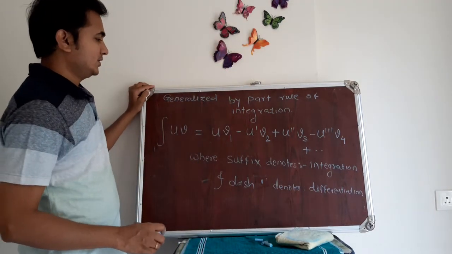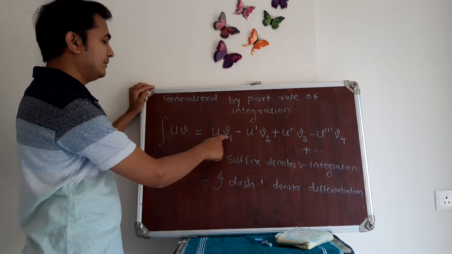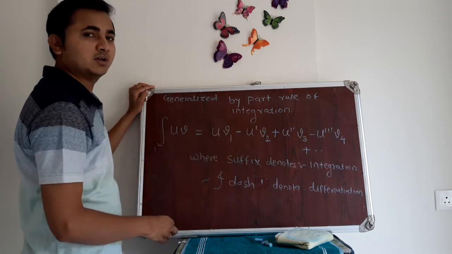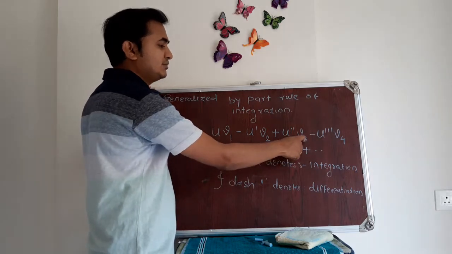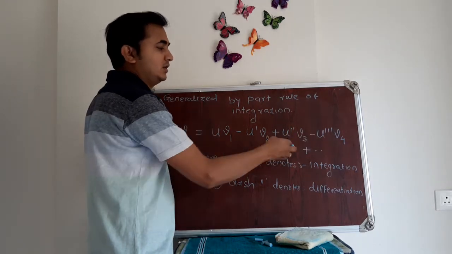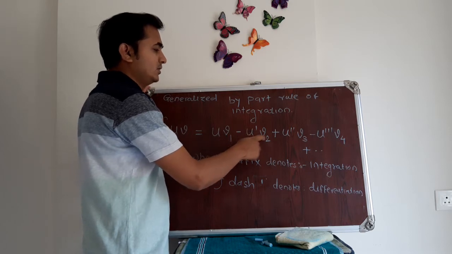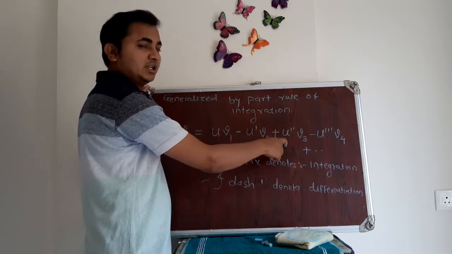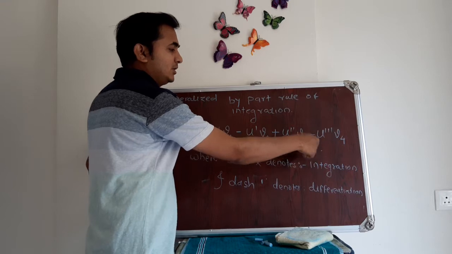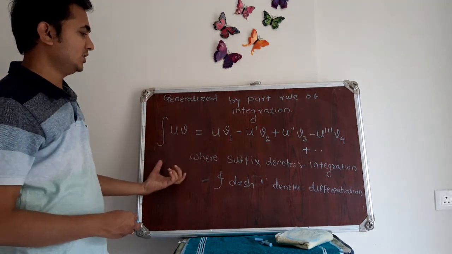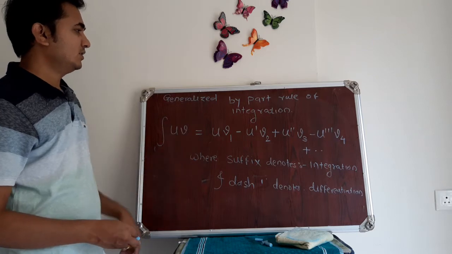So this v1 is one time integration of v, v2 is 2 times integration of v, v3 is 3 times integration of v, and so on. This u dash is the derivative of u, u double dash is the second derivative of u, u triple dash is the third derivative of u, and so on. Alright, so this we require further.